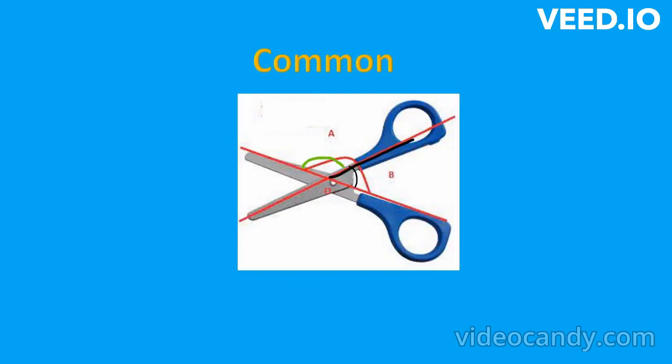For example, for angle A, we have these two sides. For angle B, we have these two sides. Which is the common side? This one. So these two angles share a common side or common arm.